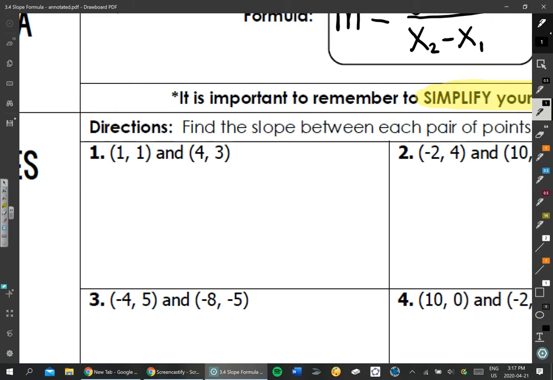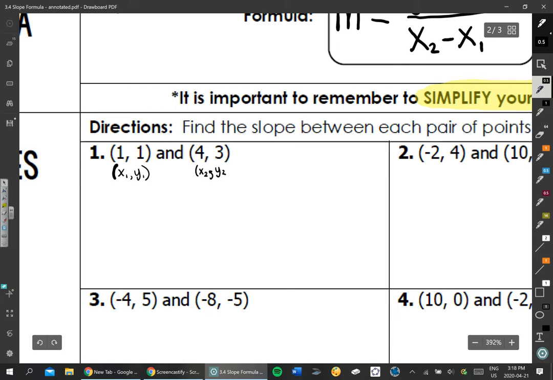These 2 points create a line. So we're going to call this one x1, y1, right? We're going to call that point 1. We're going to call this point 2.